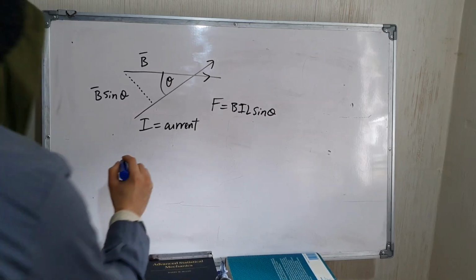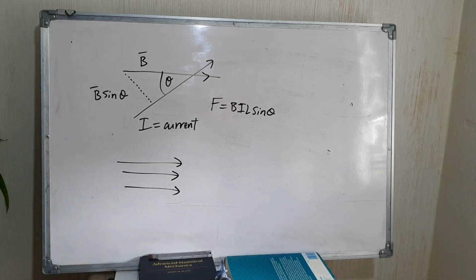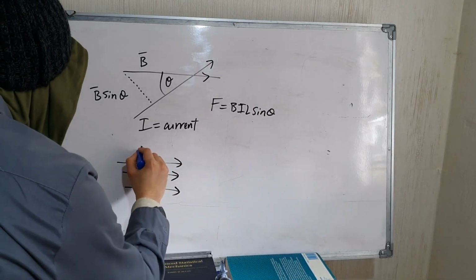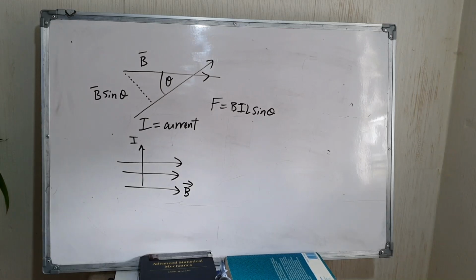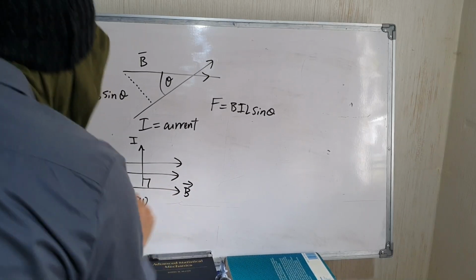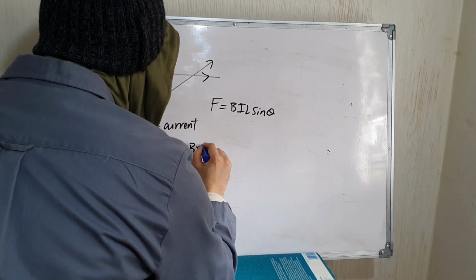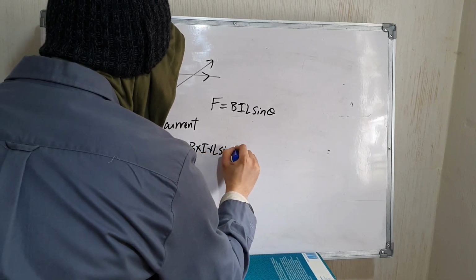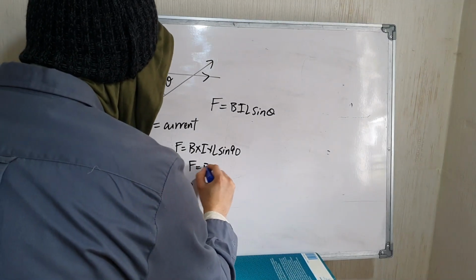If the field lines are going this way, assuming that these are all equally spaced out, and you've got the current going here, that's B, B for magnetic flux density, and what is theta in this case? Theta is 90. So F in this case is equal to B times I times L times sine 90. And what's sine 90? Sine 90 is 1. So F is equal to BIL.